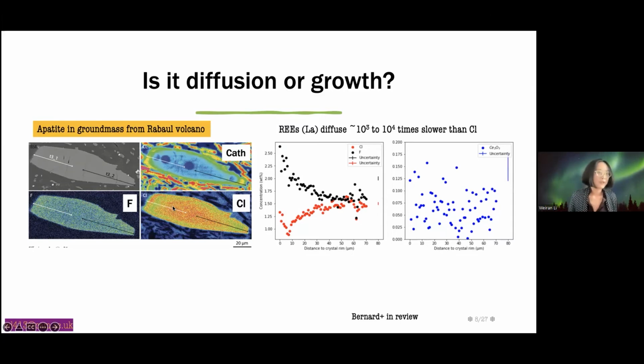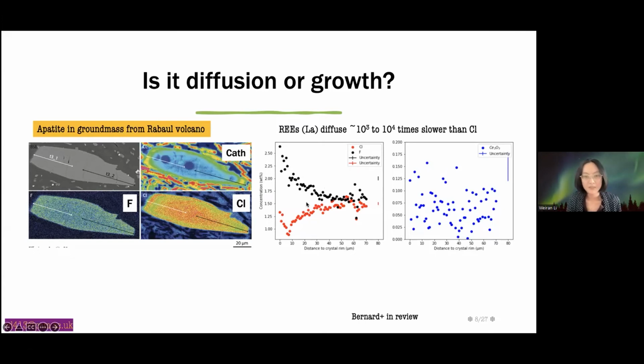So one of the methods to distinguish diffusion from growth is to look at slow-diffusing elements. In this case, we can look at rare earth elements, which were found to diffuse a lot slower than chlorine.